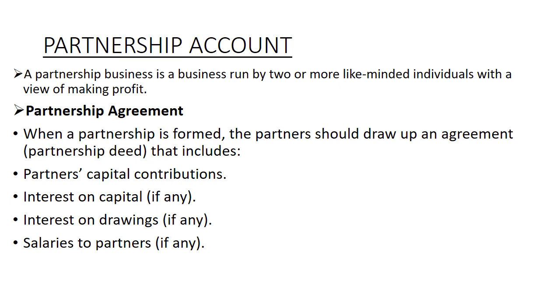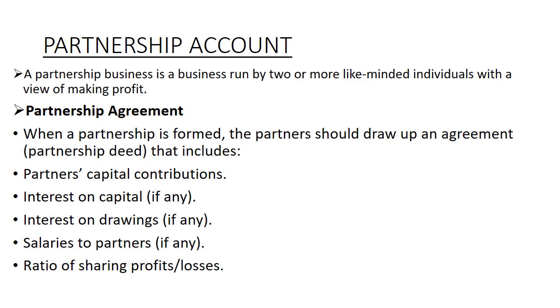So I may be entitled to a salary because I participate in the running of the business, while you do not. So one partner may be entitled to a salary, or all partners may be entitled to salaries, depending on the arrangement. The details will be given in the question.